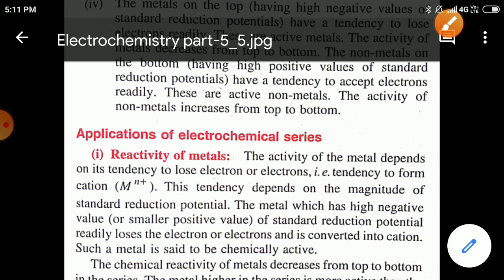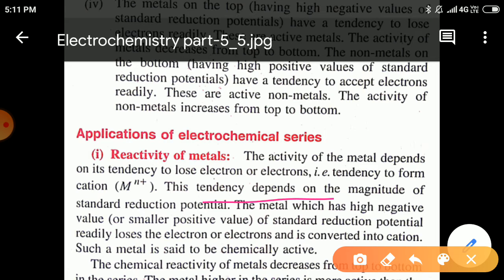Now, applications of the electrochemical series. We may apply the electrochemical series in different ways, like reactivity of metals. As we know, the reactivity of a metal depends upon its characteristic feature of losing electrons to form cations. This tendency depends upon the magnitude of standard reduction potential.